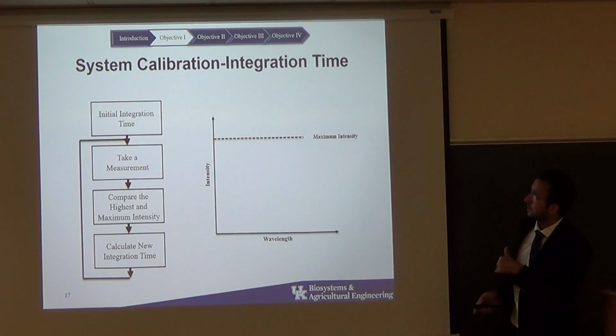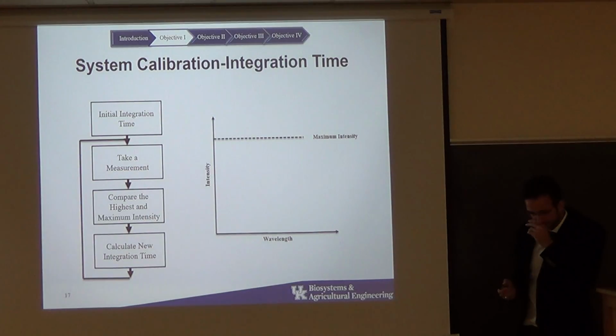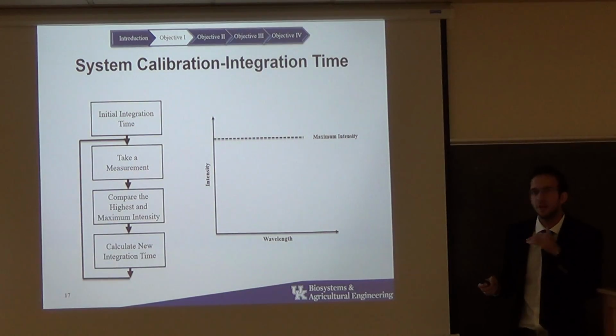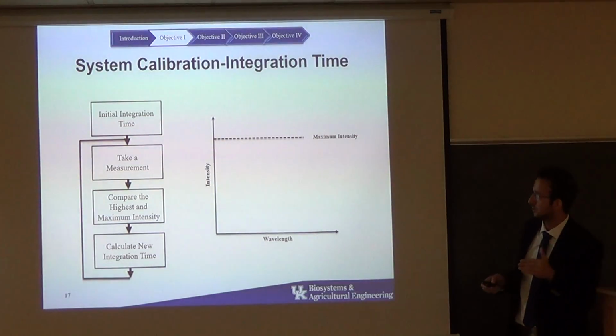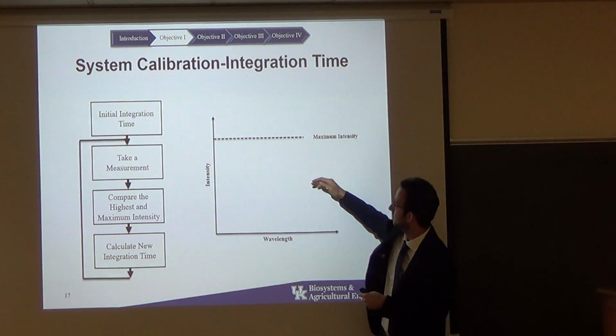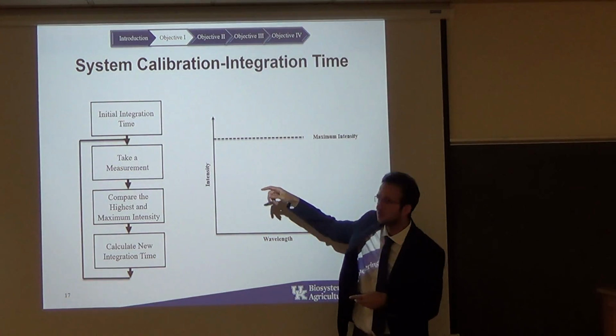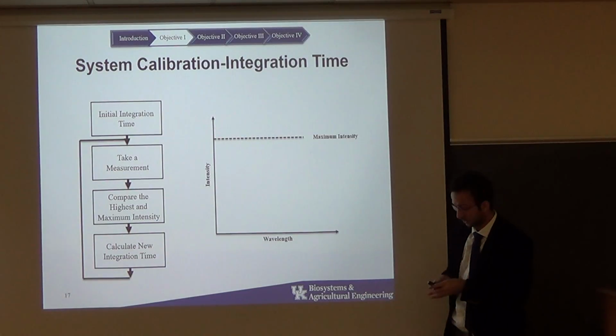The next step in the calibration would be to calibrate against the integration time. What's intended is to have the maximum intensity without any saturation. If we have an integration time close to this line, it means we have higher sensitivity, but we don't want it to be saturated.